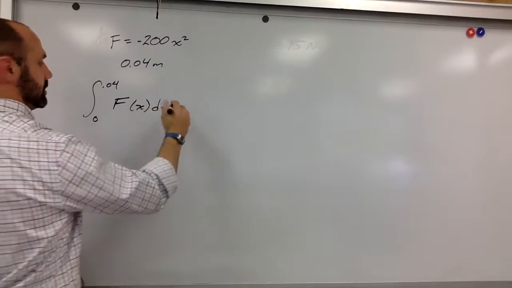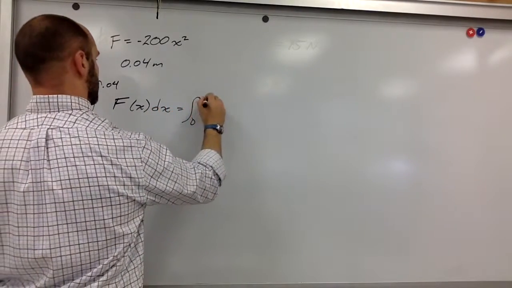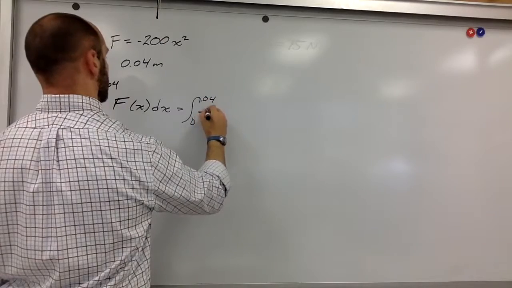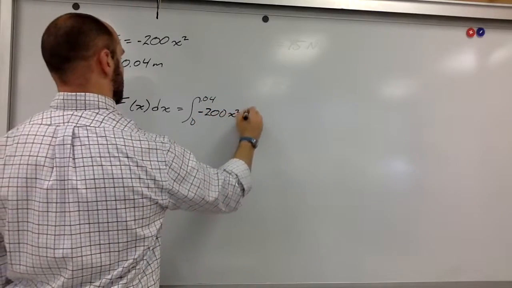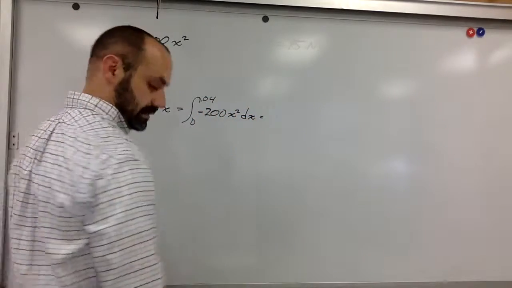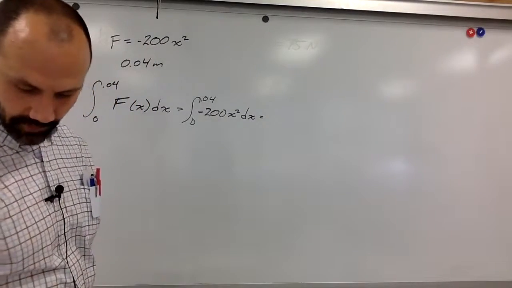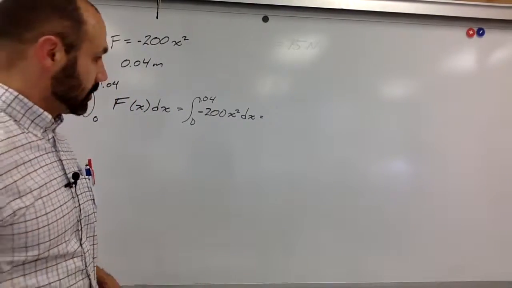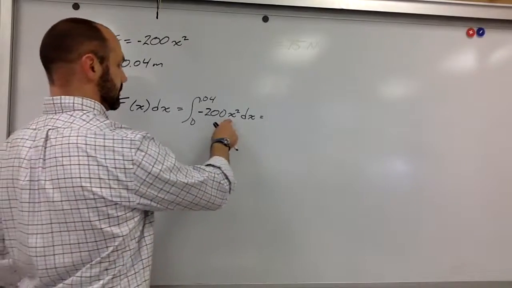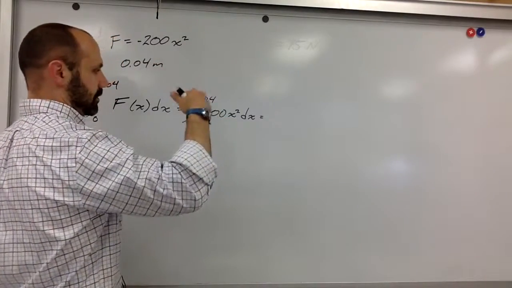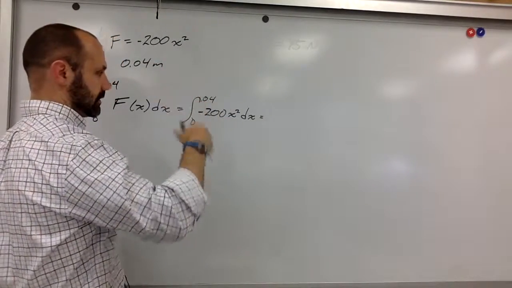Now what is our force here? What's our function? 0 to 0.04. It's negative 200 x squared dx. All right, so this ends up being, when I take the antiderivative of this, I've got to think backwards of taking the derivative.